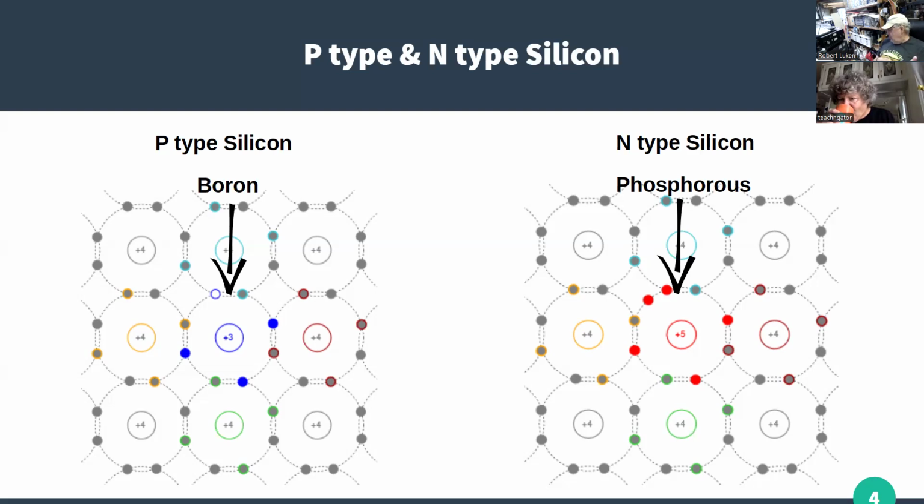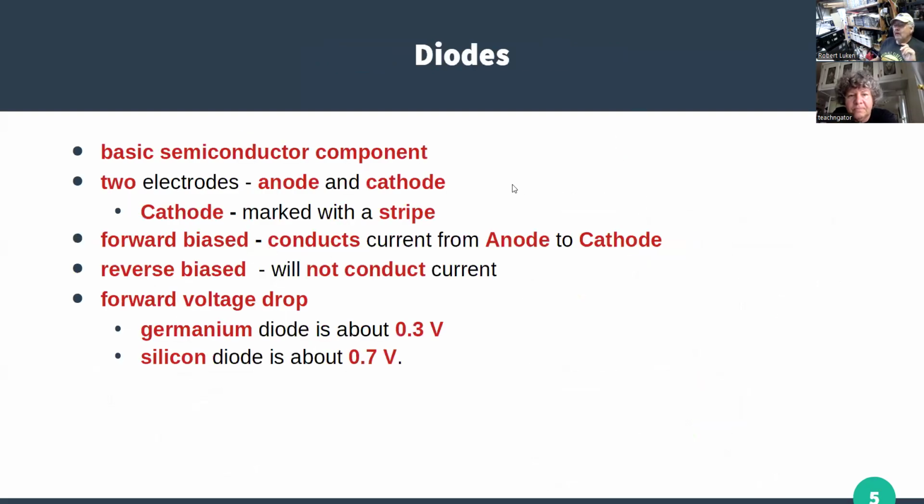So now I have a piece of silicon that has a positive charge and a piece of silicon that has a negative charge. If I put them together, it's going to become what we call a p-n junction. And that will make what we call a diode, which is the most basic semiconductor.